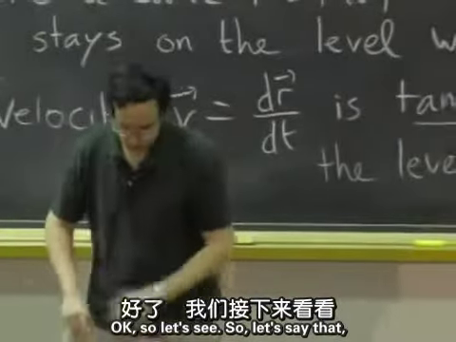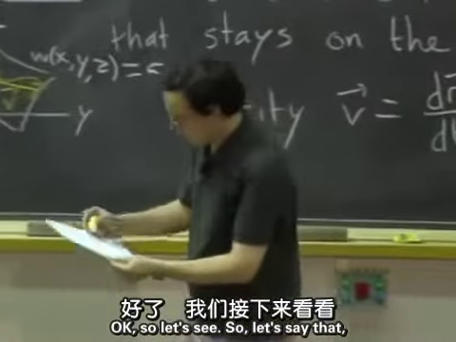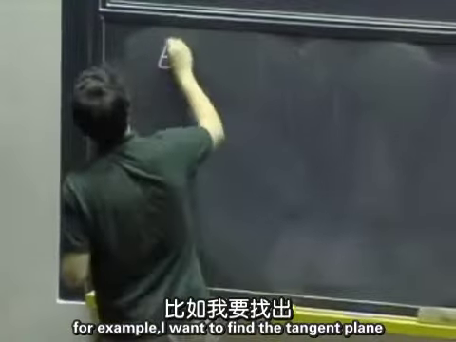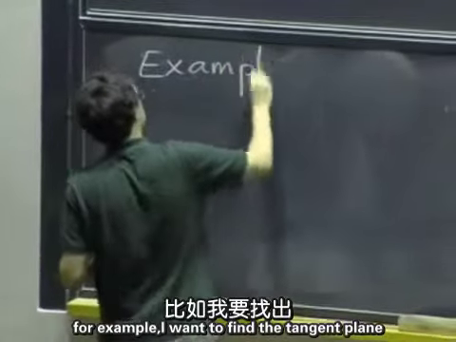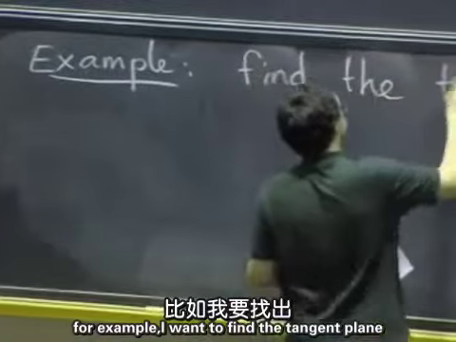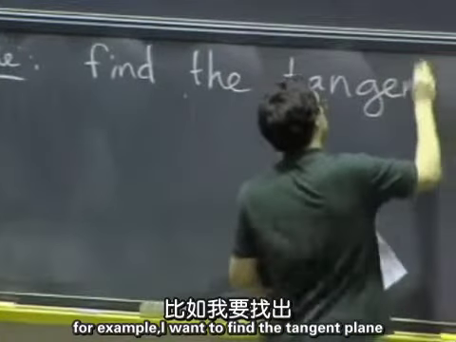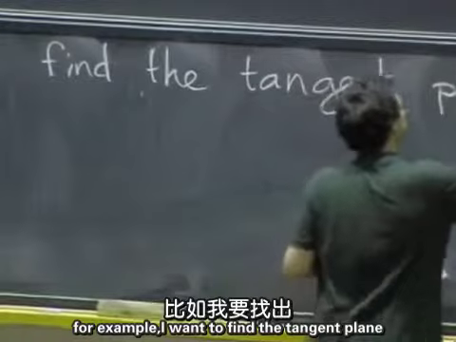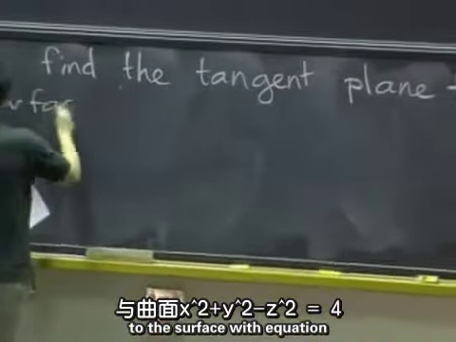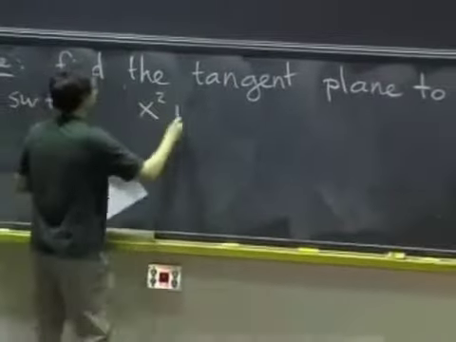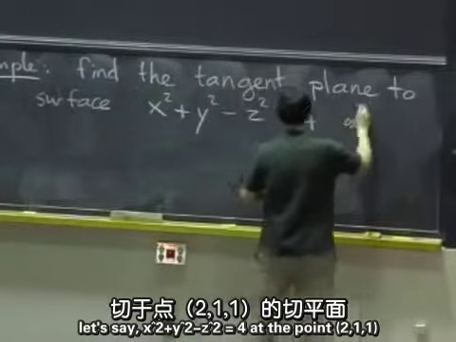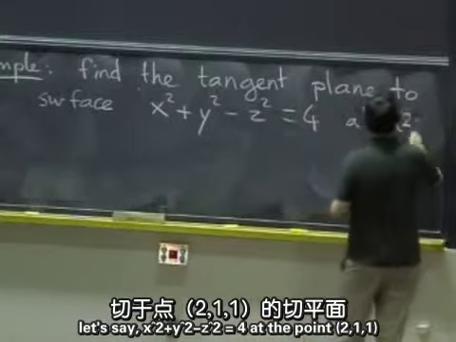So let's say, for example, I want to find the tangent plane to the surface with equation x squared plus y squared minus z squared equals 4 at the point (2, 1, 1).